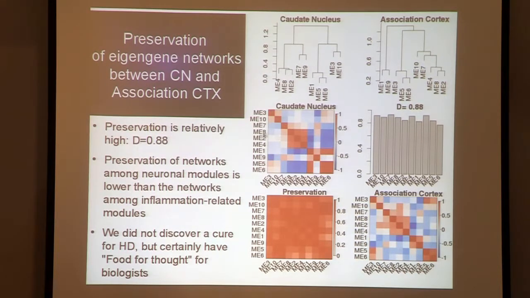If I tell you that module 8 is oligodendrocytes and module 5 is neurons, it kind of makes sense that neuronal genes go together, because if you get more neurons in your sample, then you will measure a higher expression for neuronal genes. But it's not necessarily true that oligodendrocytes and neurons are anti-correlated.